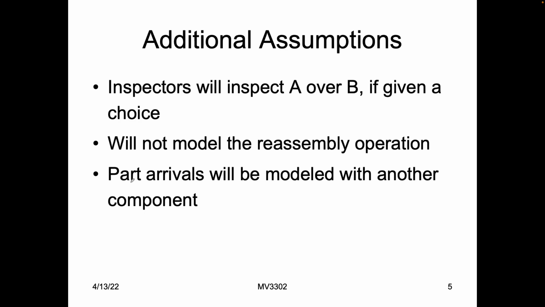Presumably, this is part of a larger operation, and we're not going to model that in this piece. In fact, in a larger situation, you'll often have different parts being captured by different teams. And the second assumption is that the arrival of the parts, we're going to treat with another component, just as we've done with the arrival process in what we've done so far.